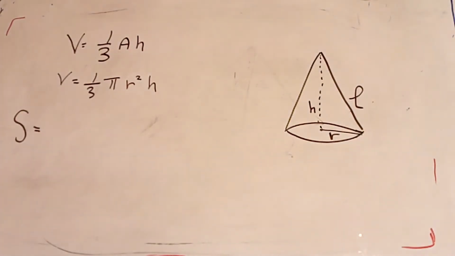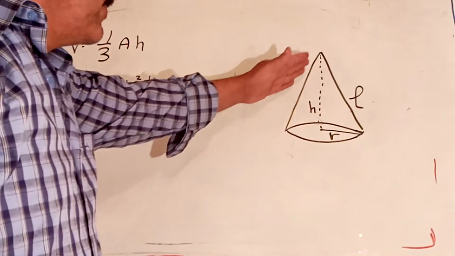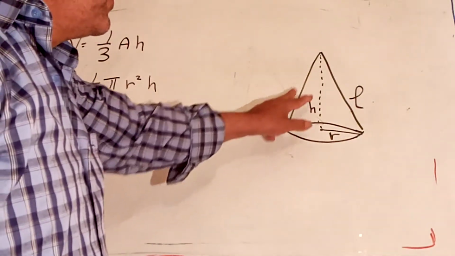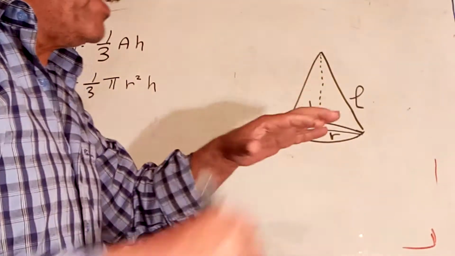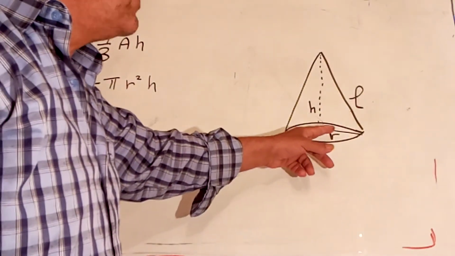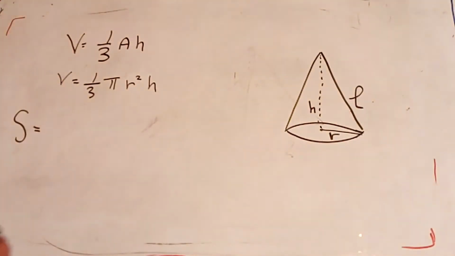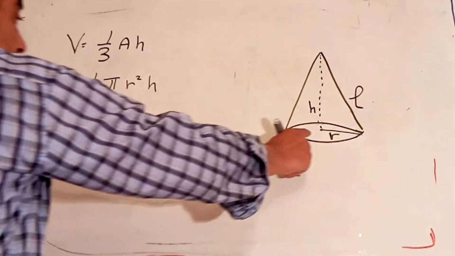Let's get the surface area. It has two surfaces: the surface of the curved side, all around, and the surface of the circular base. Let's start with the circle.